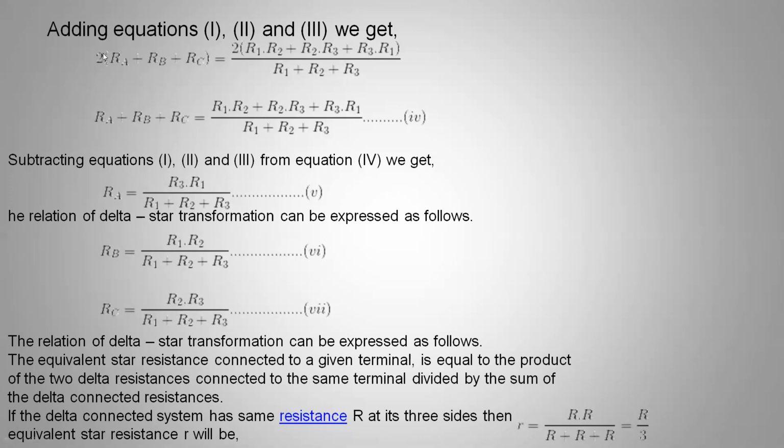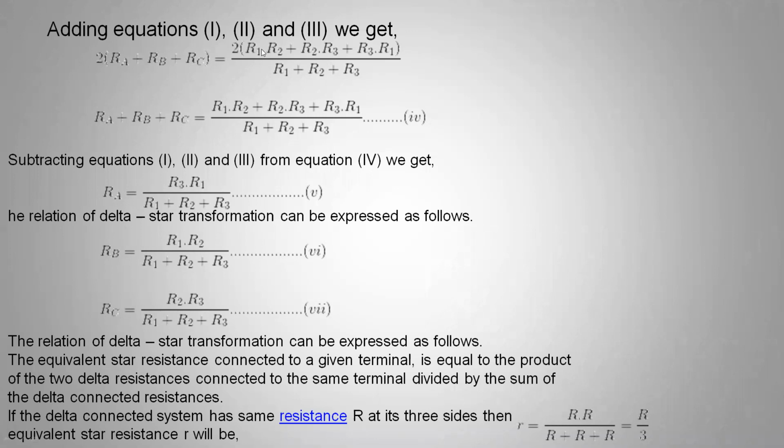RA plus RB plus RB plus RC plus RC plus RA. So 2 into RA plus RB plus RC. Clear? 2 RA, 2 RB, 2 RC. So the three resistors are doubled. So 2 is common: 2 into RA plus RB plus RC.